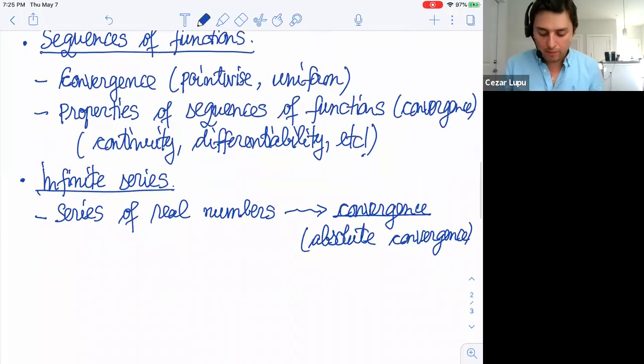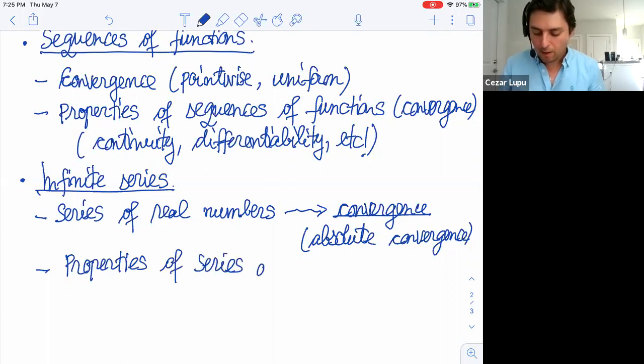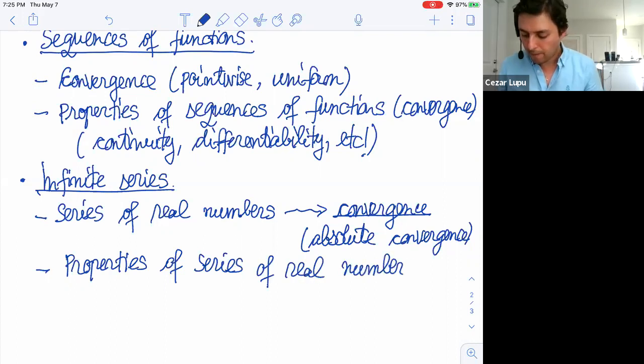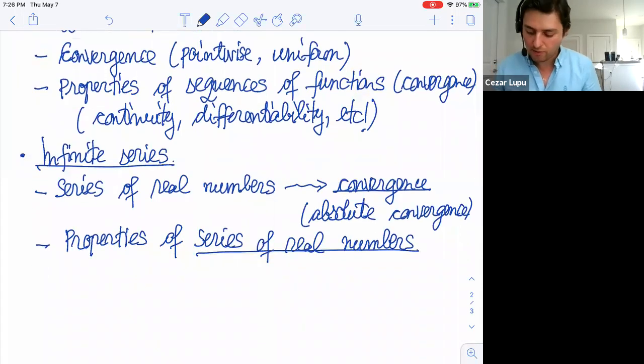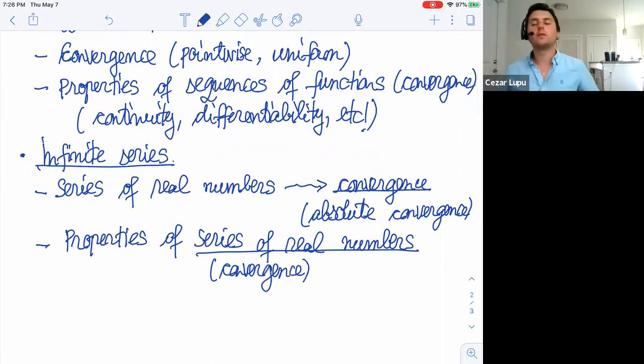And also we talked about properties of series of real numbers. When I talk about properties, of course, again, I will talk about convergence. We've seen a bunch of criteria, and I told you there are many, many more.